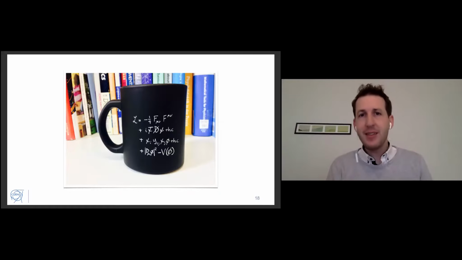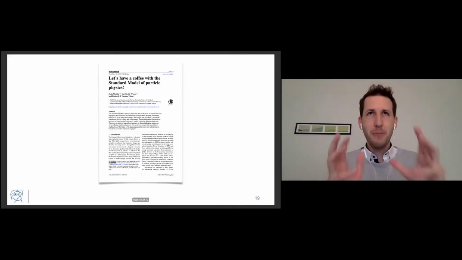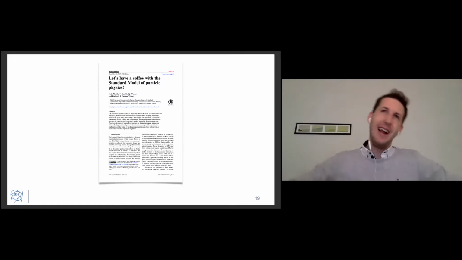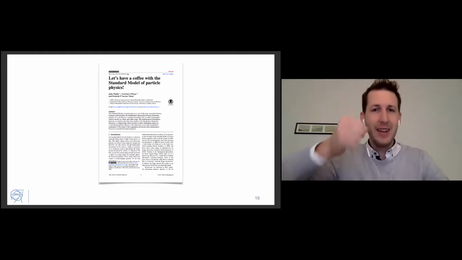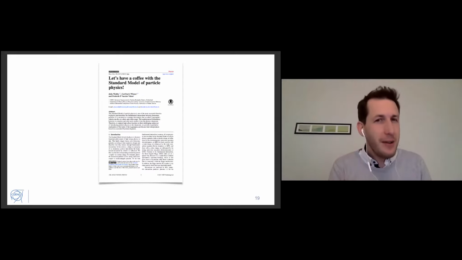I'm not saying that this replaces 5 years of studying physics and being a theoretical physicist, but with this paper, which is nicely called "Let's Have a Coffee with the Standard Model of Particle Physics," because after all, it is printed on a coffee mug, if you read that, you get an idea of what the standard model of particle physics actually describes.